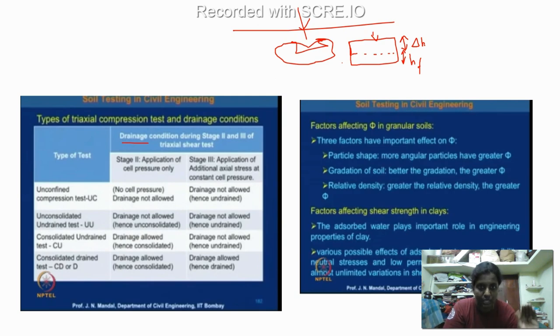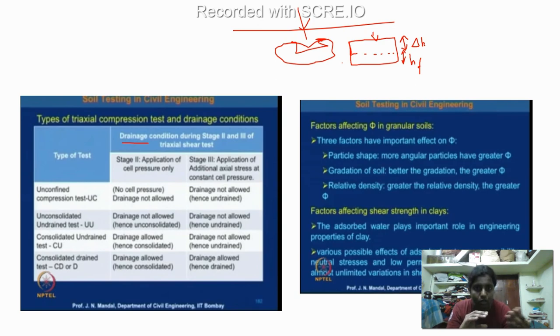This is what consolidation is. So when you apply load, you are allowing for drainage, so the water is coming out, the soil decreases in thickness, and it will attain a constant height for the applied load.